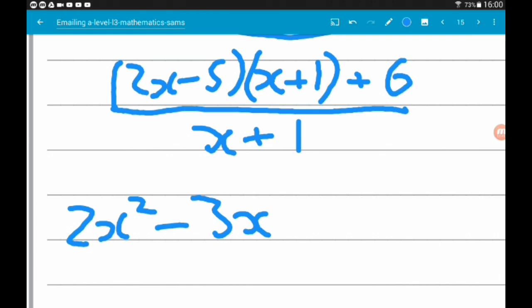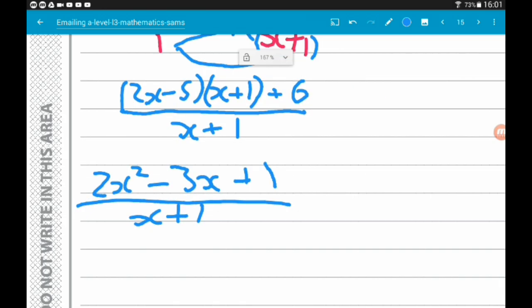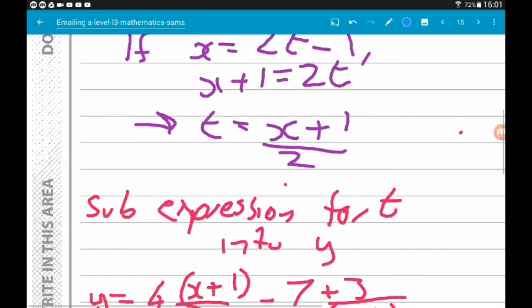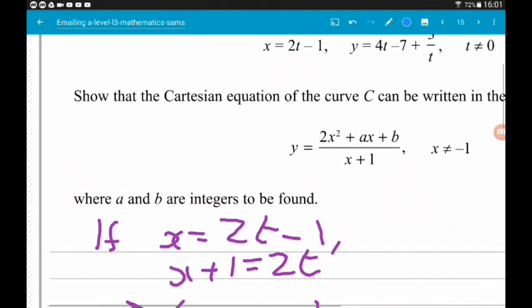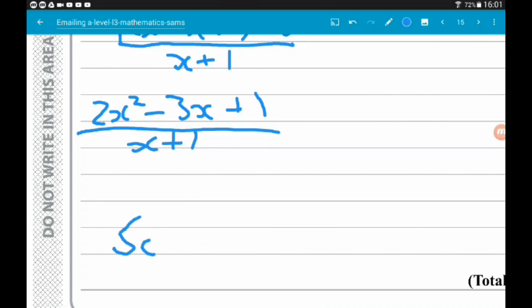And then we would get minus 5 times 1 is minus 5. And then we've got this plus 6 at the end, so we're going to get plus 1. And then that's all over x plus 1. So now we can say that a is minus 3 and b is equal to 1.